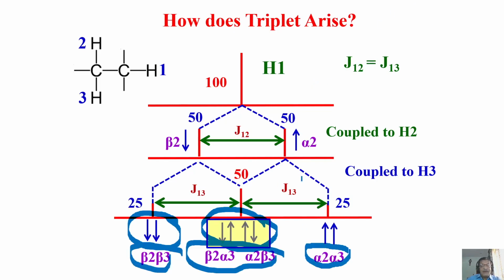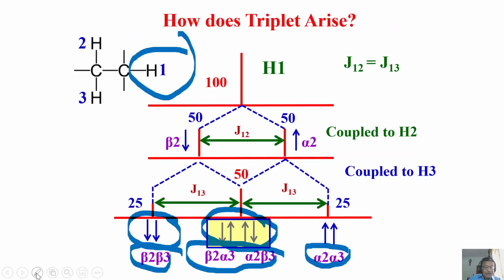As a consequence, the triplet intensity will be in the ratio of 1:2:1. You understand? The triplet comes with an intensity ratio of 1:2:1 when two equivalent protons are coupled to a third spin. Now the question is, what happens to this proton?